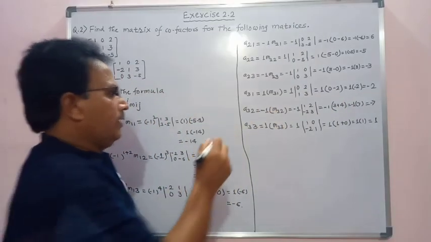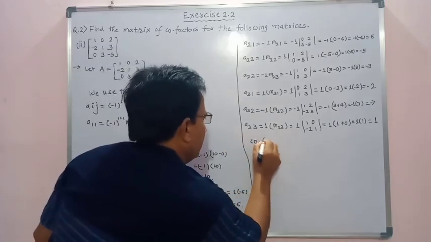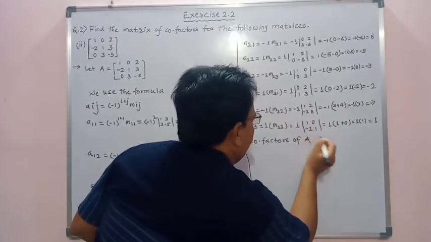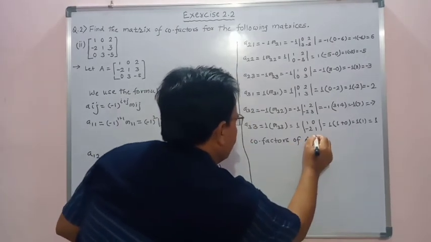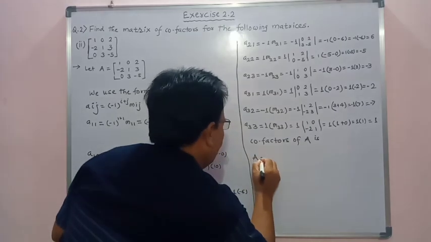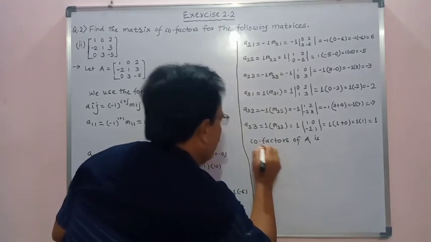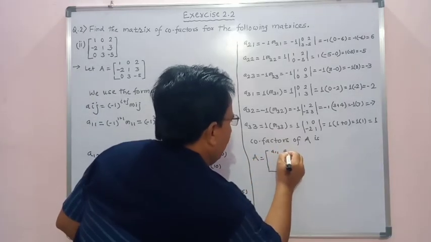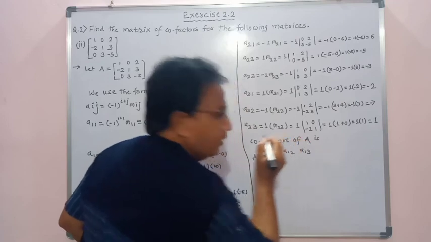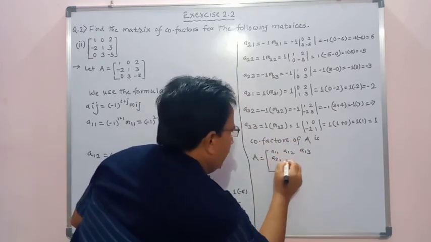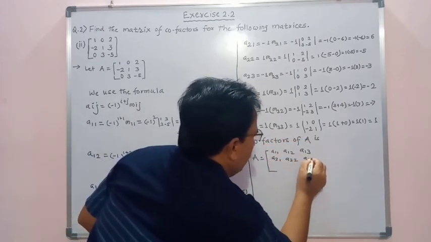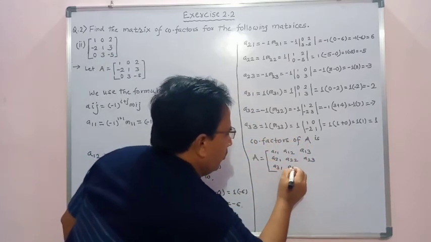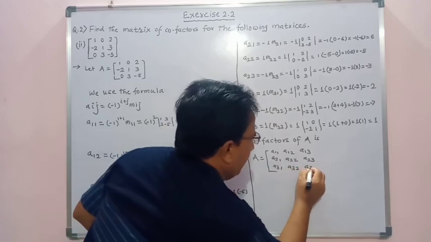Therefore, the cofactors of matrix A are A11, A12, A13, A21, A22, A23, A31, A32 and A33.